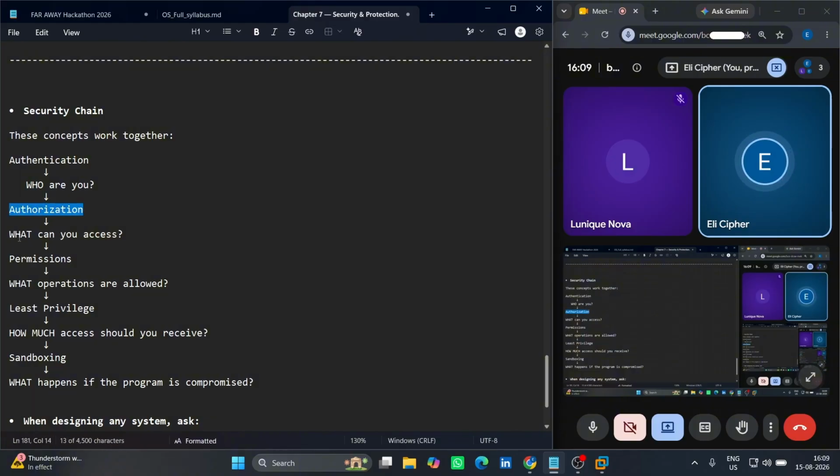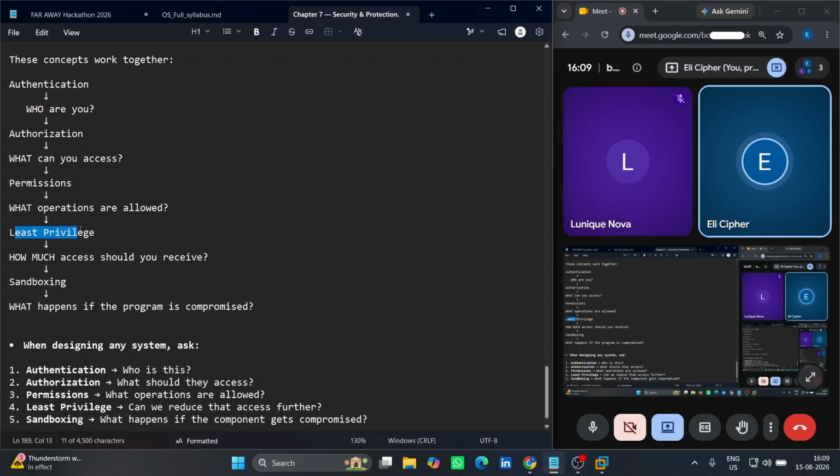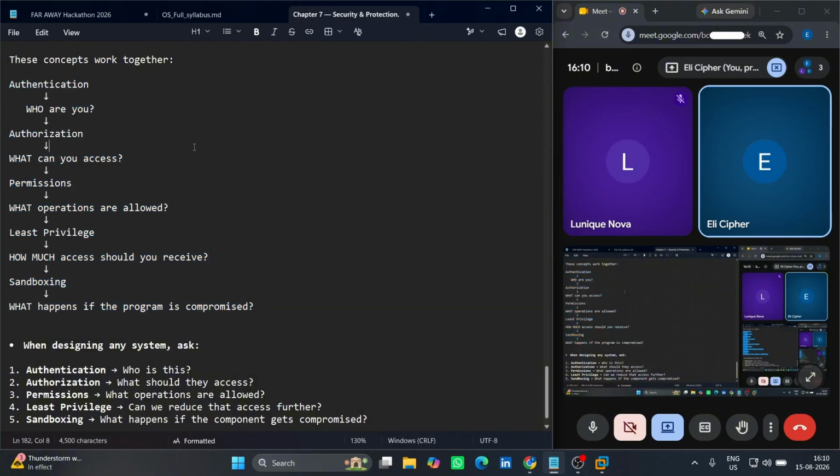Then authorization, what access does this particular user have. Then permission, what operations are allowed for this user. Then least privilege, how much access should be received. And then sandboxing, what happens if the program is compromised. All these things are taken care of at once.